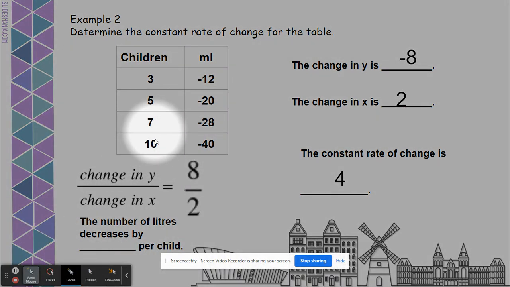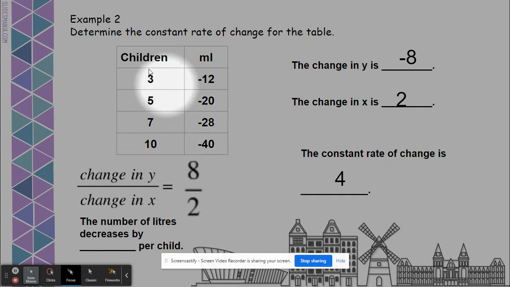But if I take a look at the change in x, I get 10 minus 7, that's 3. Well, I want you to notice that negative 12, which is the change in y, divided by 3 is negative 4. The same answer that we got over here if you made that correction in your notes.